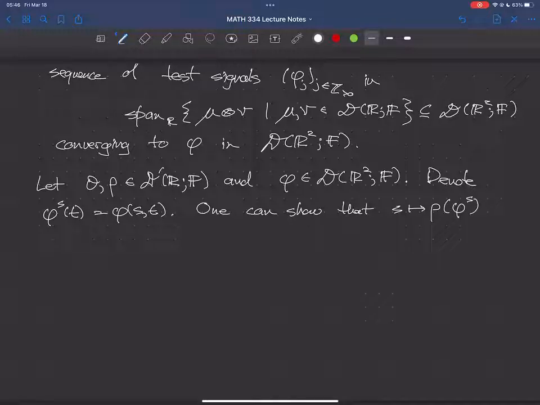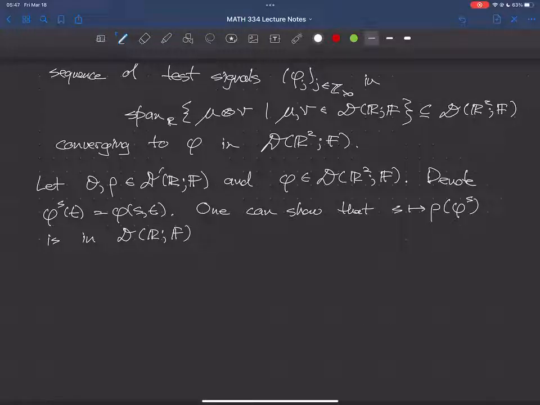That function of s is actually in D. You have to prove that.